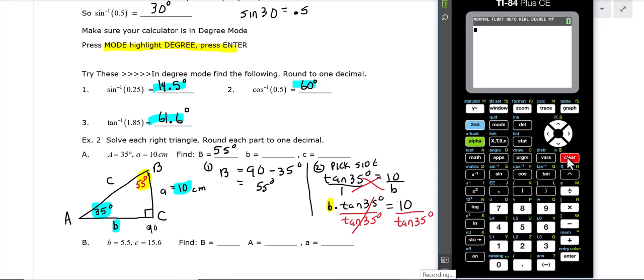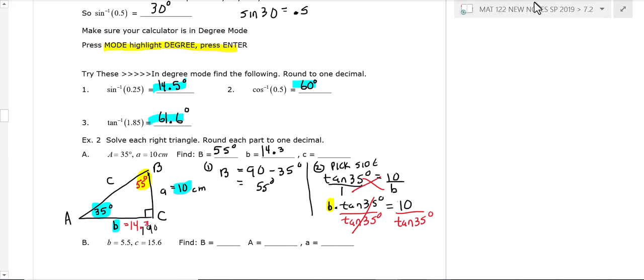So we take 10 divided by tangent 35, and then we'll round that off, I think, to one decimal. So that side is 14.28, so that will become 14.3. Okay, so I'm going to write b in as 14.3, and pencil that in like that. Okay, so that gives us that.